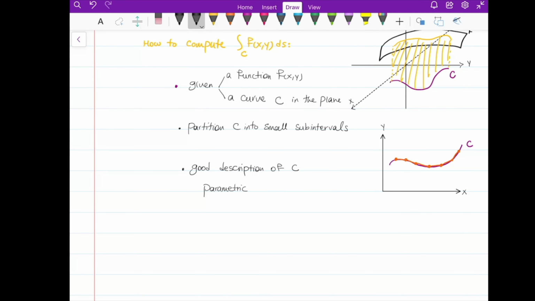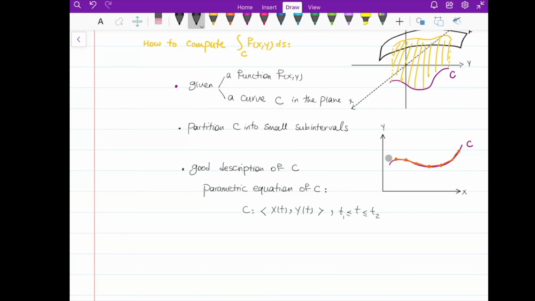Parametric equation of C. Okay, so we need that. So I'm going to parameterize the curve C by x of t and y of t, where t is between some t1 and t2.